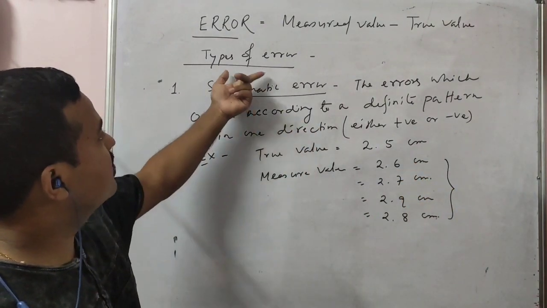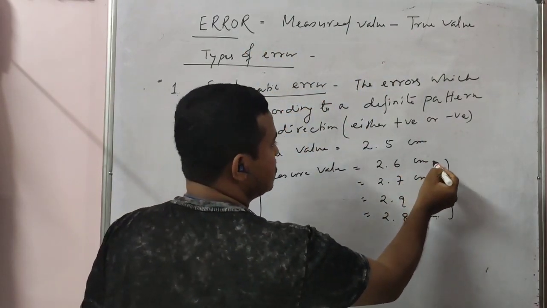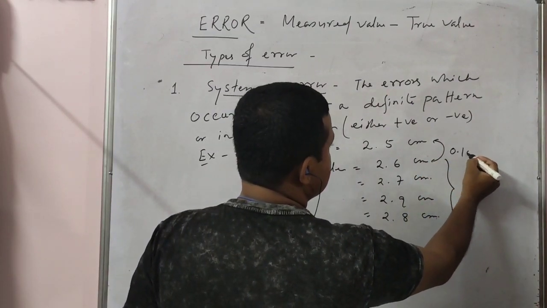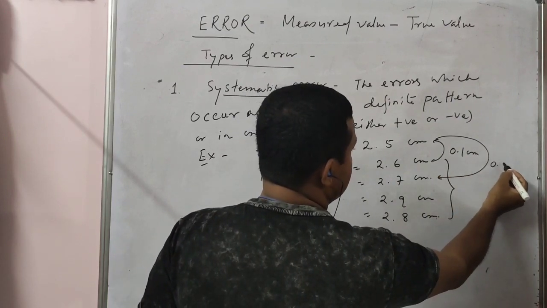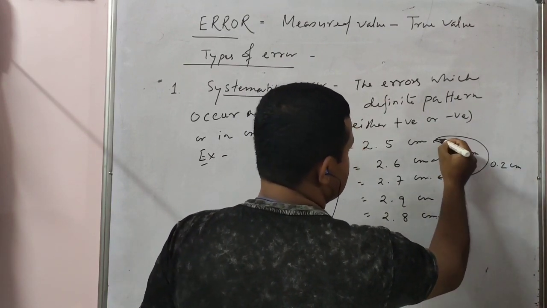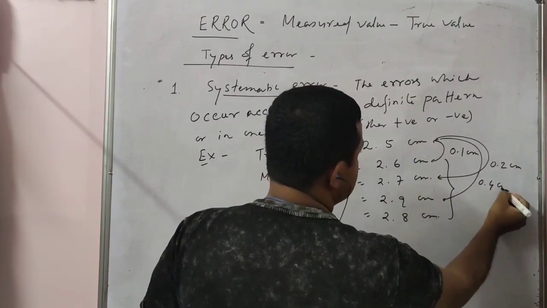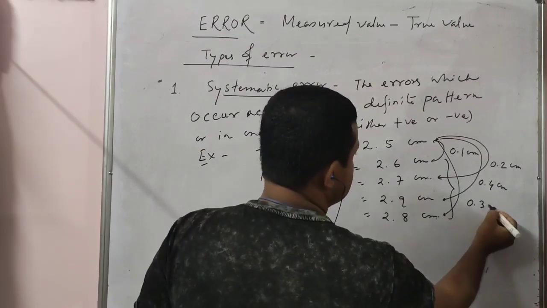Errors we know it is the difference between what? Measured value and true value. So what is the difference between these two? It is 0.1 centimeter. Difference between these two, it is 0.2 centimeter. Difference between these two, 0.4 centimeter, and here it is 0.3 centimeter.